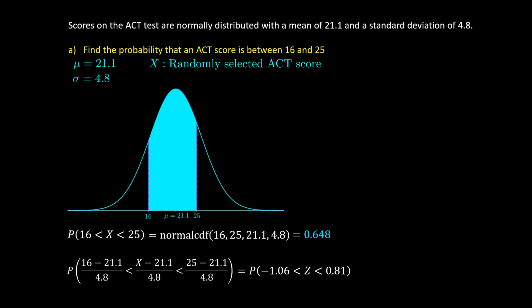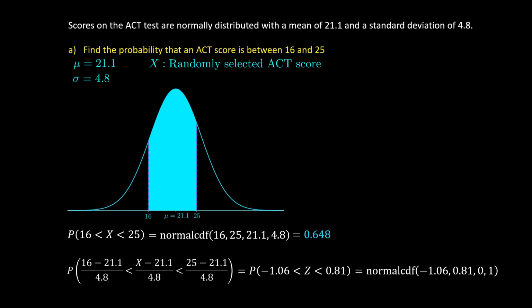The middle part is simply z, which is the conversion formula, and then the 25 gets converted to 0.81. In this case, when we use the normal CDF command, we specify negative 1.06 as the lower value, 0.81 as the upper value, and the mean is now 0 and the standard deviation is 1.